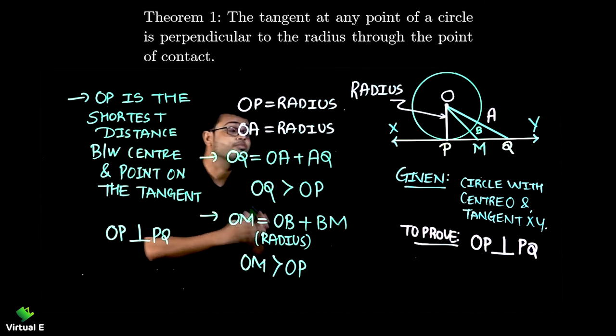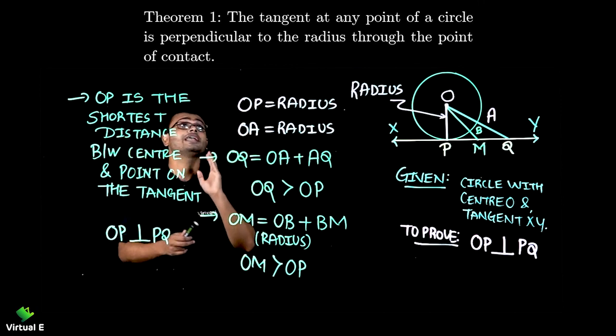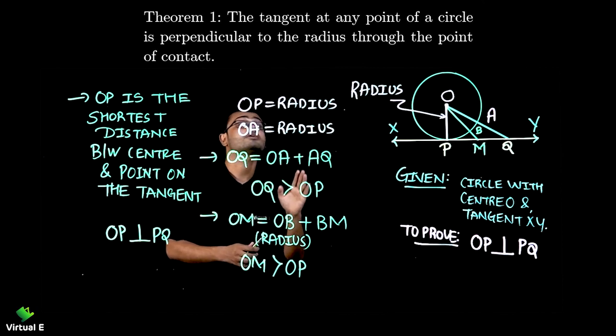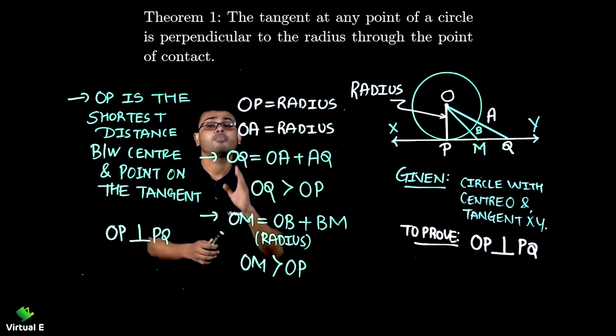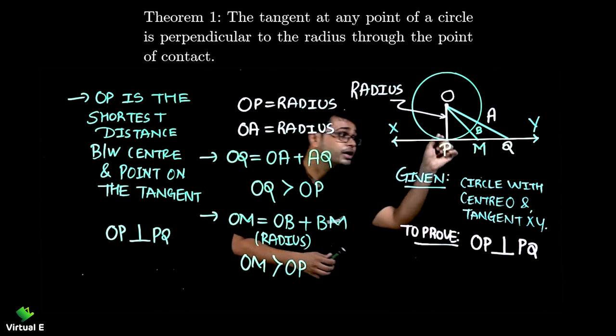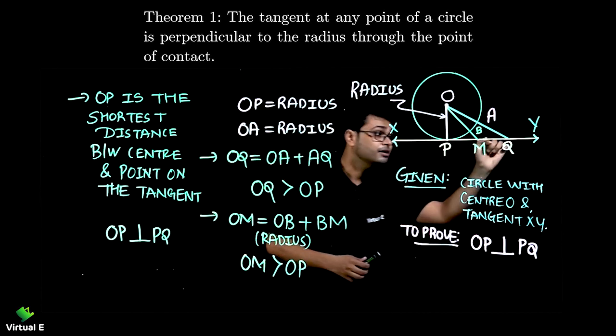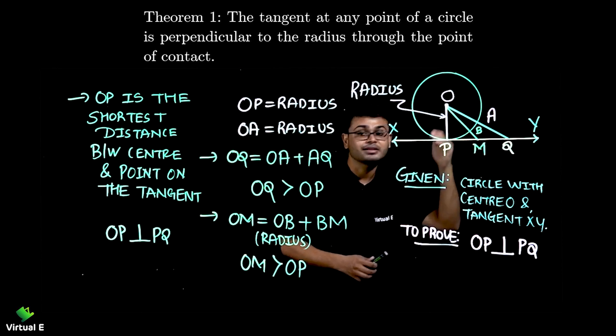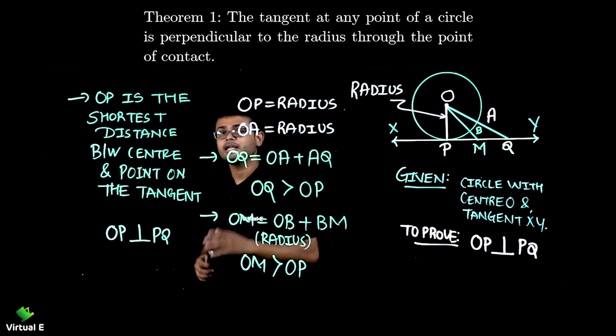So this is how we prove that tangent at any point on circle is perpendicular to the radius through the point of contact, through P only, not any other point, right? Because they will be greater than OP or greater than radius.